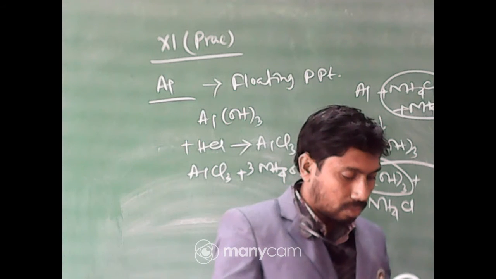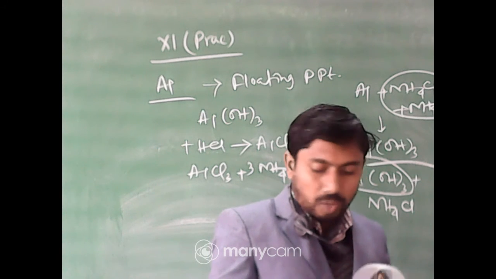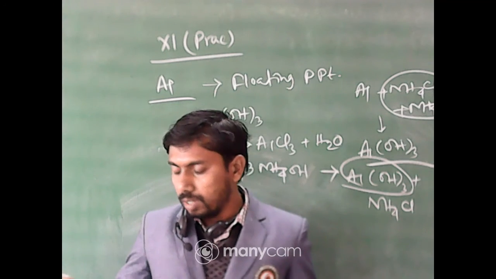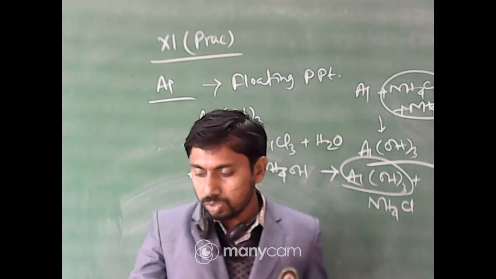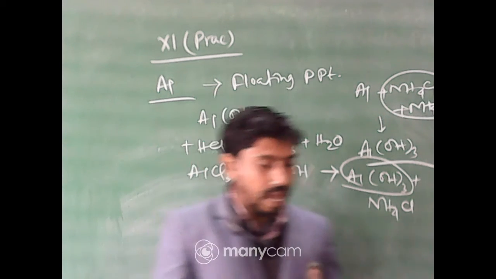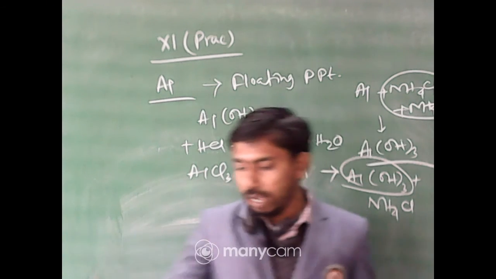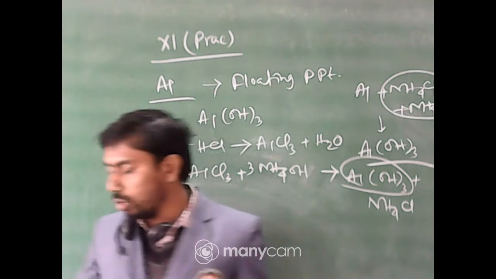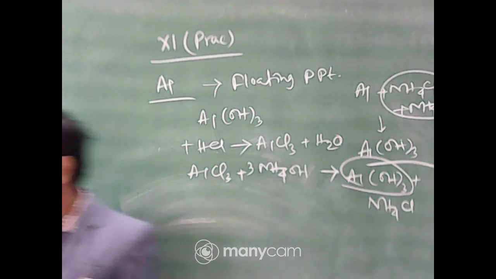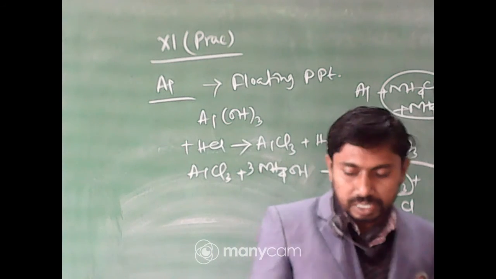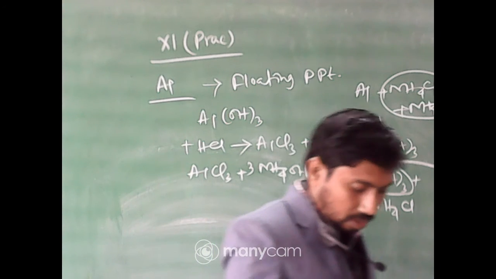And what is the other ion present here? As it is an inorganic compound, another ion will be present. Now, as the sample taken is aluminium sulfate, I will show you the test for sulfate. So, what is the test?